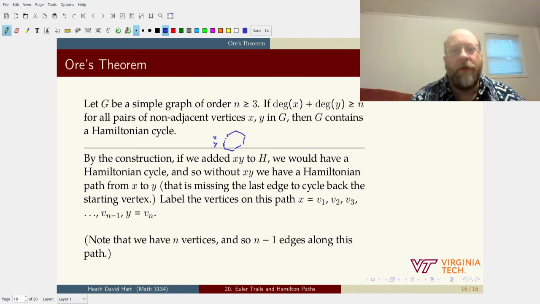We get through all the vertices, we just can't get back to x. Okay, so it's missing the last edge to cycle back to the starting point. So label the vertices on this path v1 up through vn, where x is v1 and y is vn. So here's x, here's y. This is my first vertex. This is my last vertex. And along this path, I'm just going to straighten it out.